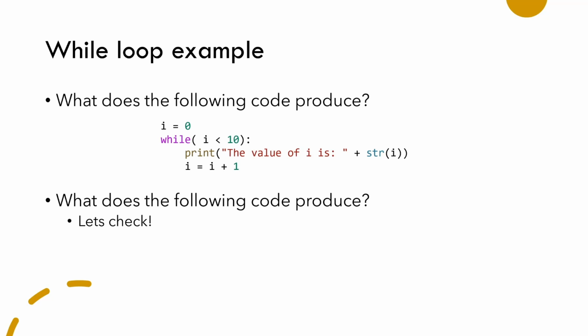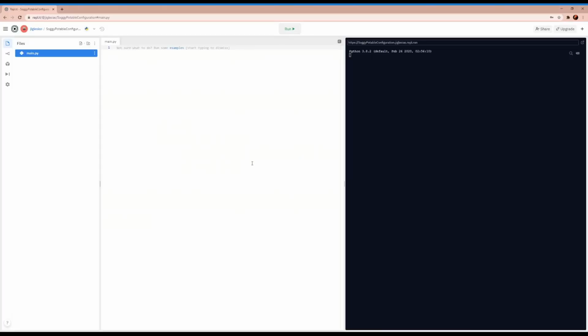Let's check. Let's just put this into the IDE and check if this is what actually happens. All right, so I have Replit open here. I'm just going to retype the code that I showed in the slide. It started with i being set equal to 0. Then the while loop began, so we type while followed by the condition, which was i less than 10. Then you have to do the colon, that part's important, and then we type the code block that we want to repeat.